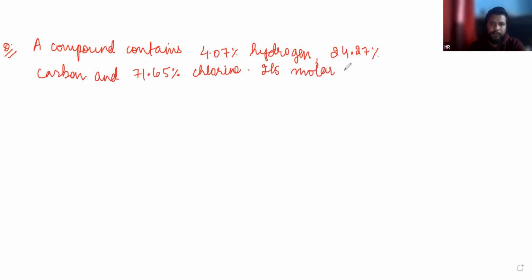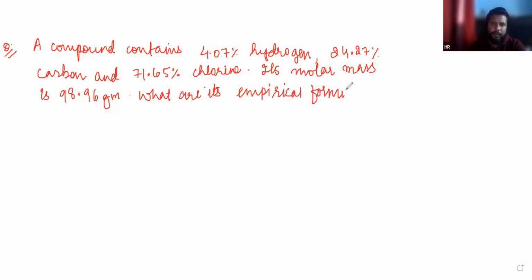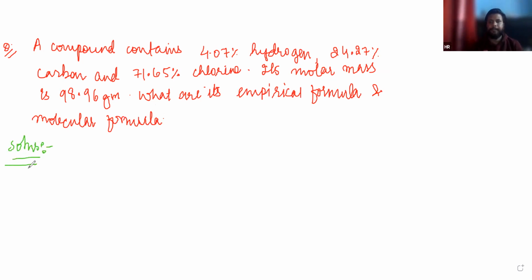Its molar mass is 98.96 gram. What are its empirical formula and molecular formula? Please write the question and let me know as soon as possible so that I will start explaining how to write molecular formula and empirical formula.